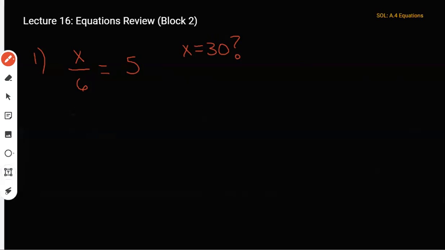When I do that, I get 30 over 6 is equal to 5. 30 divided by 6 is 5. So on the left side, I'm going to replace that with a 5. And I get 5 is equal to 5. And that is my true statement. Once you get your true statement at the end, you're done. You know that 30 is going to be the answer.